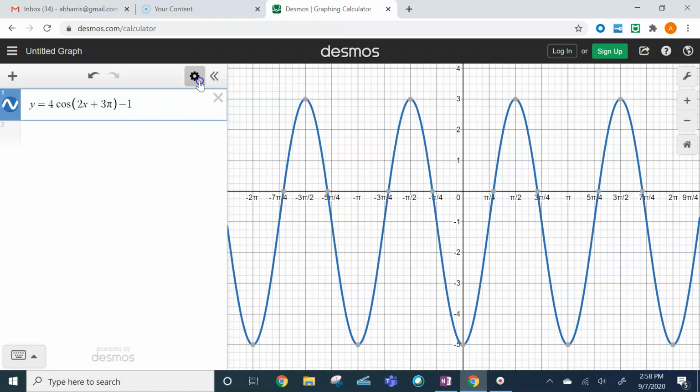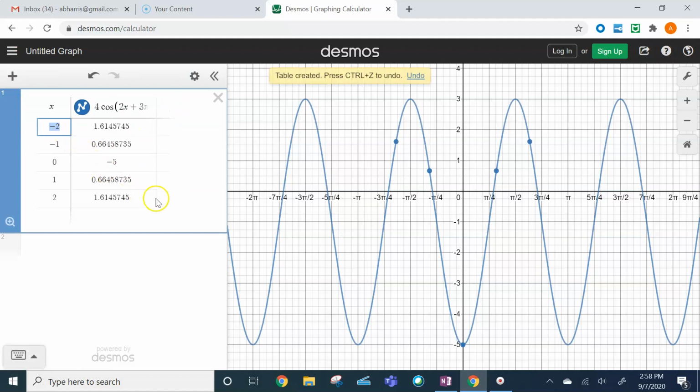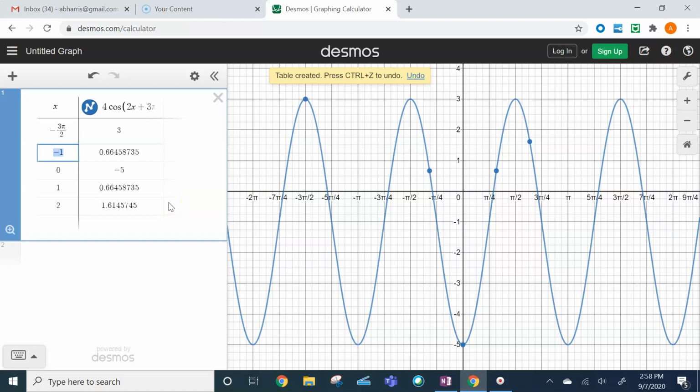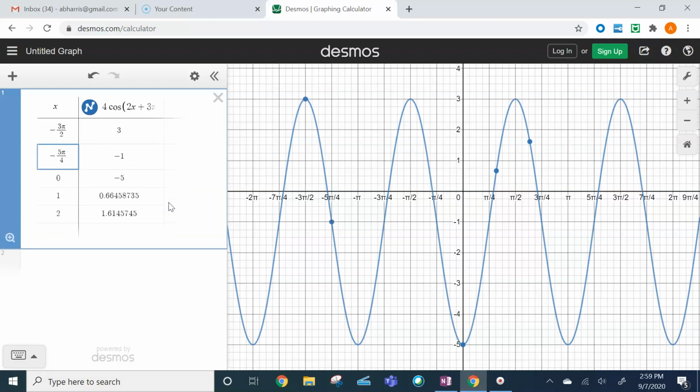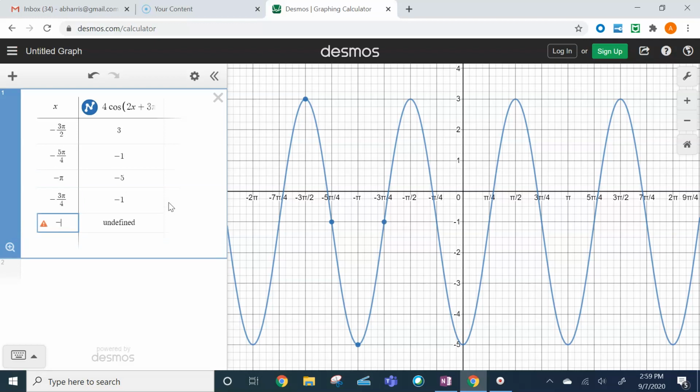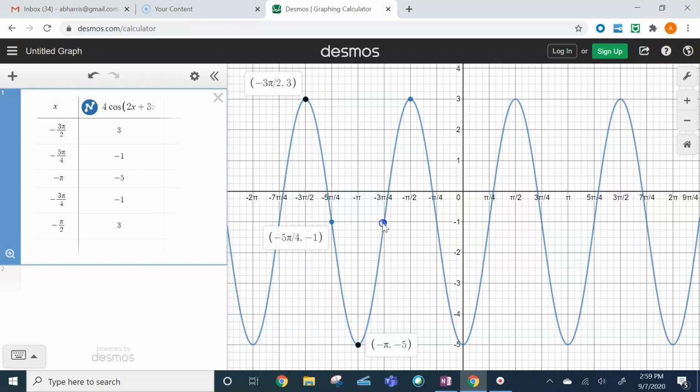Let me put the points in for you here. And there we go. There's our points we just plotted beautifully with Desmos.